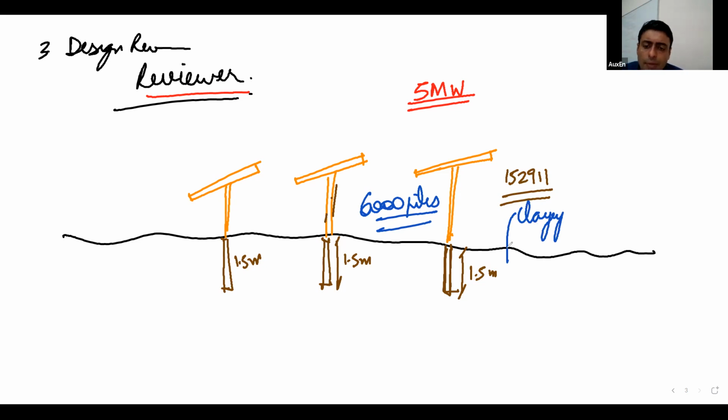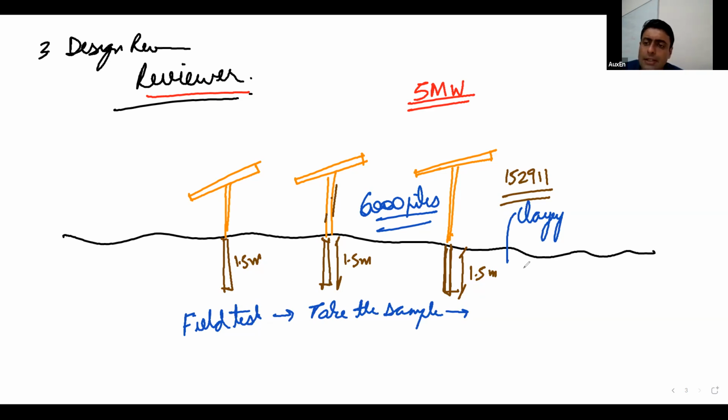Now in piles, first they will do some field test. I will be explaining these things in coming sessions. They will take the sample, and once they take the sample, they will find out certain physical or mechanical properties of soil.